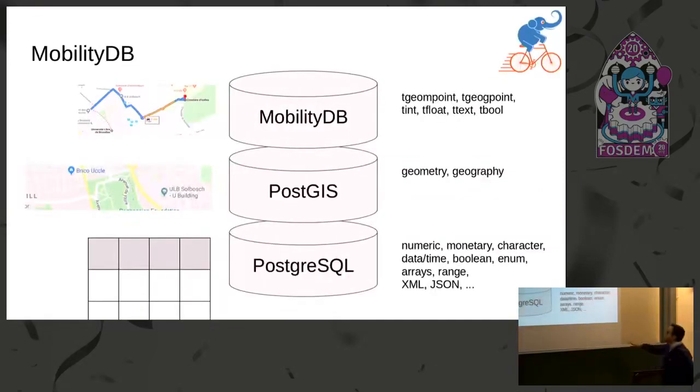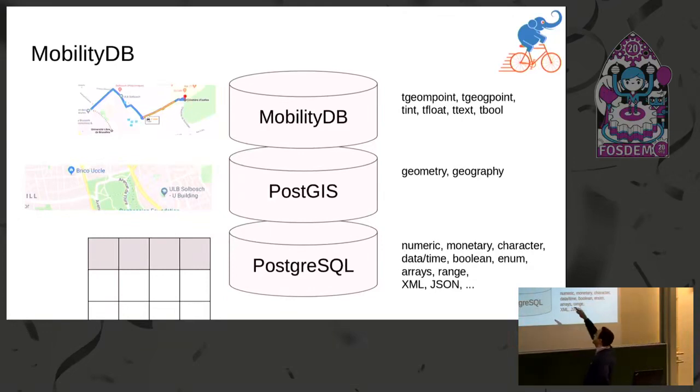So generally speaking, this is a general architecture. You have PostgreSQL providing these relational types, some advanced types like XML and JSON as well. And then on top you have PostGIS, which provides two main abstractions, geometry and geography. So you can be doing maps.